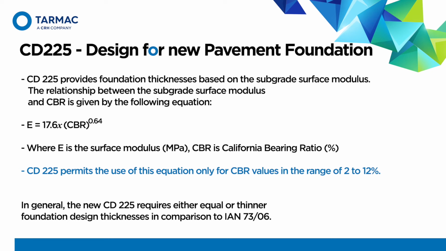There is an equation that converts between the CBR and the MPa. However, now it is limited to values between 2 to 12% CBR to convert to MPa surface modulus. Overall and in general, the new CD225 requires equal or thinner foundation design thickness in comparison to IN 7306.